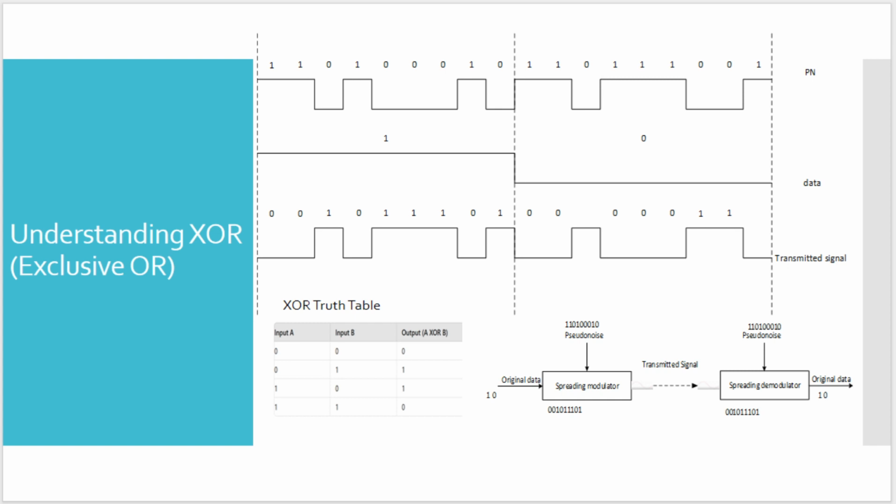So for data bit 1, we get the output 0 0 1 0 1 1 1 0 1.